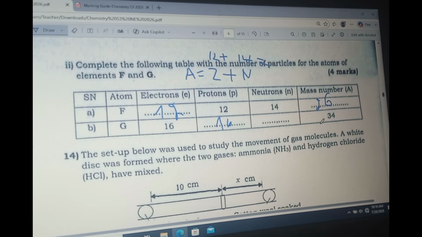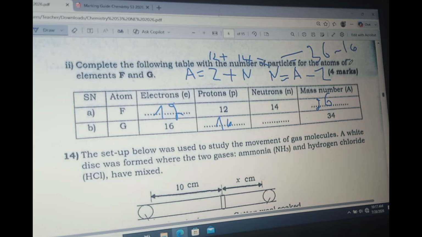Okay. And then we have the mass number and the number of protons and electrons. What is the number of neutrons? By using this formula, the number of neutrons is equal to the mass number minus the atomic number, or number of protons or electrons. We have 36 minus 16. 34, sorry. 34 minus 16.